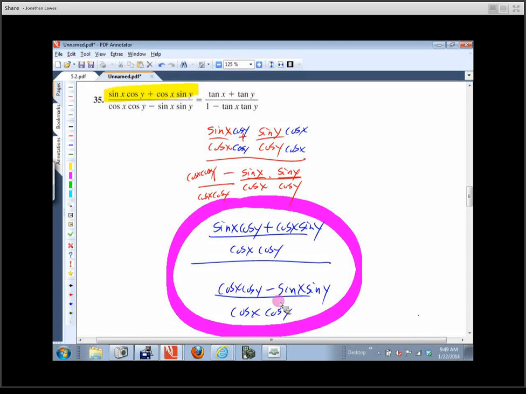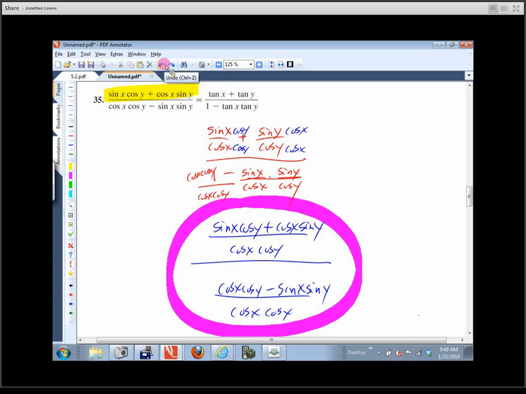It is a gigantic single fraction. Take this one, flip it over and multiply. What's going to cancel? The denominator here with the numerator over here. So the cosine x, cosine y is going to go away. And what's going to be left on the top? This. And what's going to be left on the bottom? This. And doesn't that work out to be this side over here? It does.